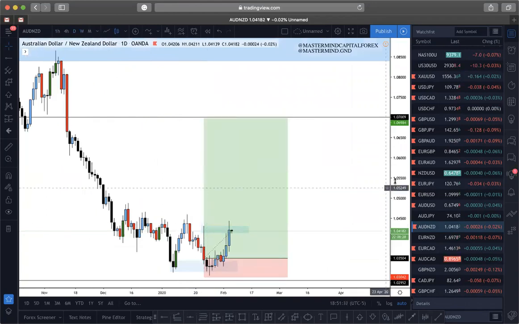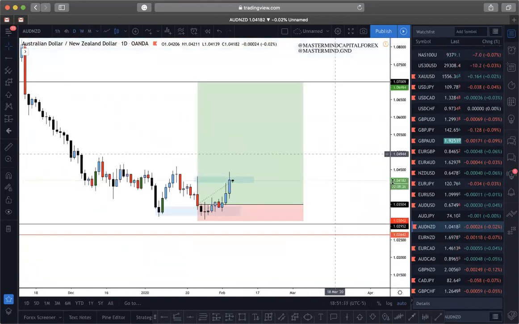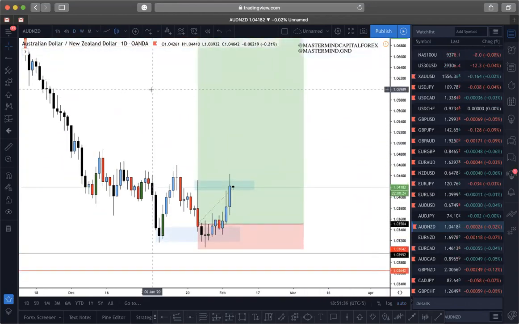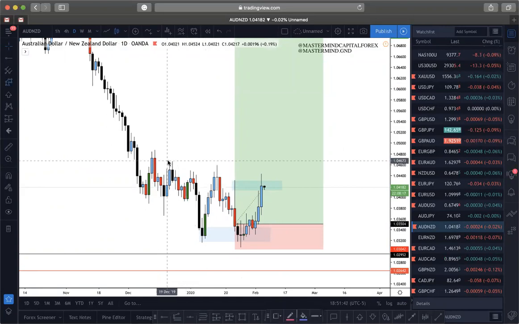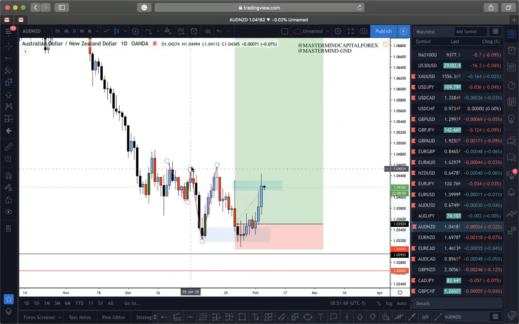So what did we do to enter this trade that was sent out? We wait for a breakout structure on the lower time frame, right? So this daily time frame was in a downtrend, and then we had that breakout structure right here, right? It surpassed this previous high, right?